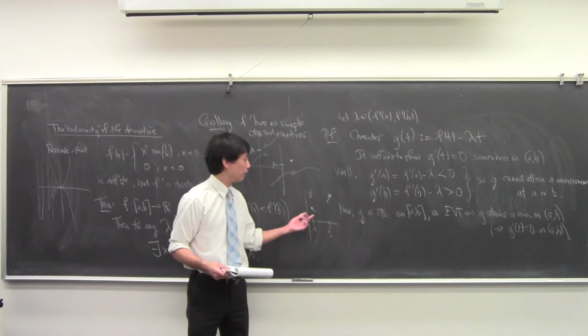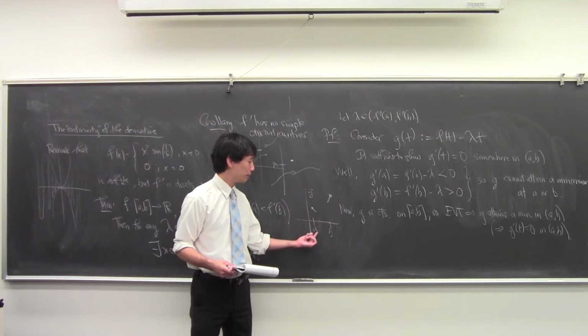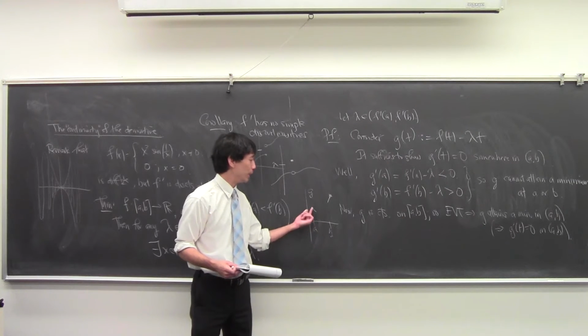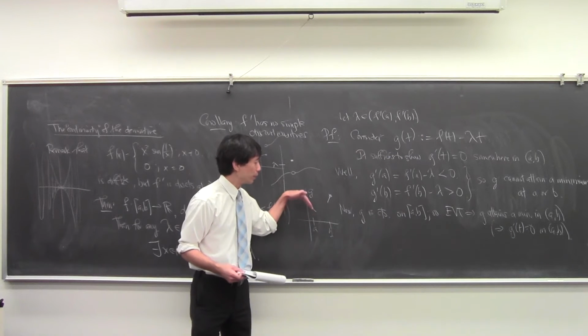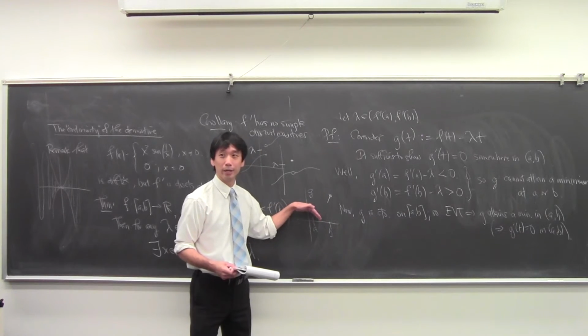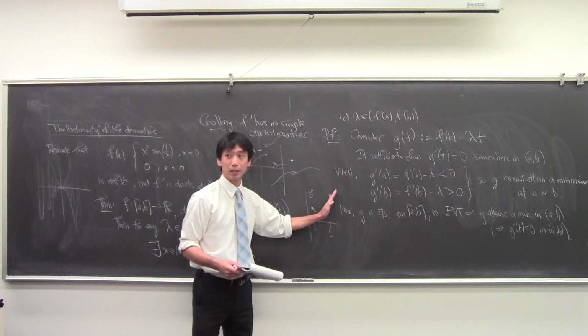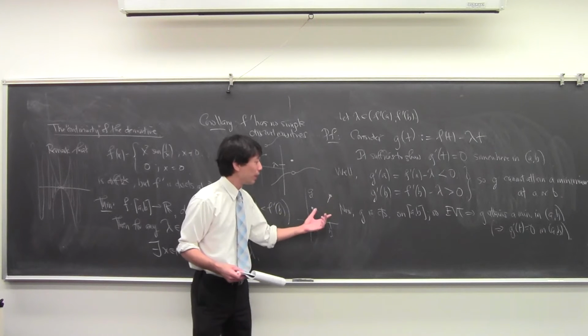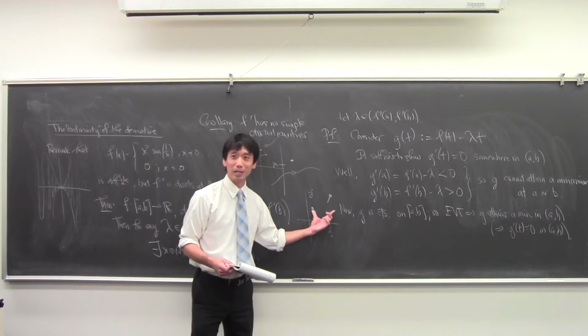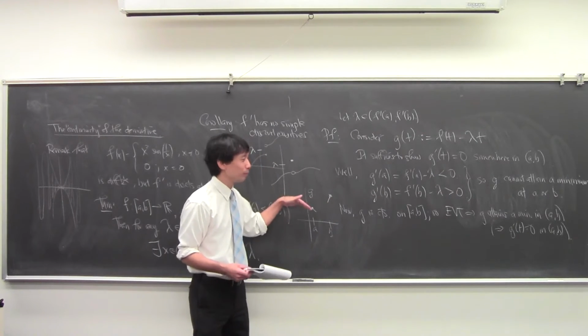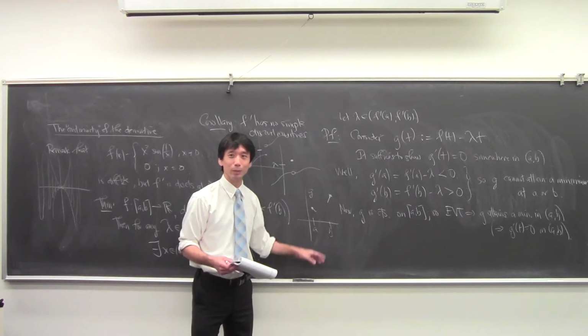And so that tells you that you cannot have a minimum at a, because you're basically like a line with a negative slope here, and here you're basically like a line with a positive slope. So now that needs to be made a little bit more rigorous. That's the intuition. To write it down rigorously takes just a little bit more energy.